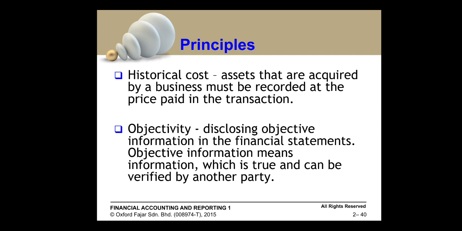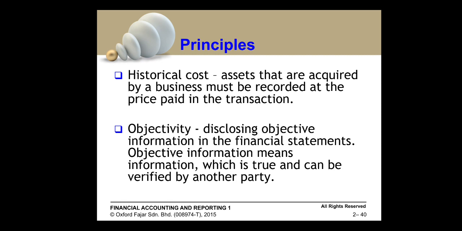For example, let's say you have a business and you purchased an equipment in year 2019. At that time, the price of the equipment was $5,000. Now it is year 2021.